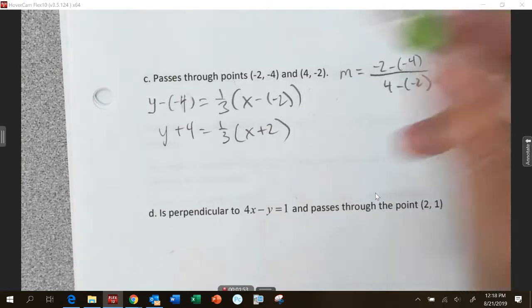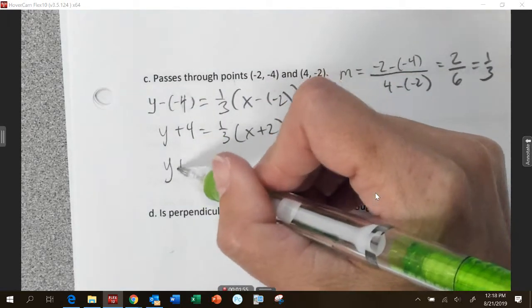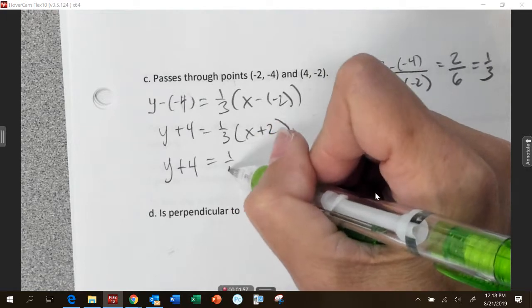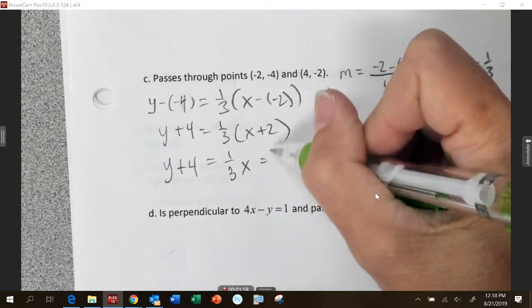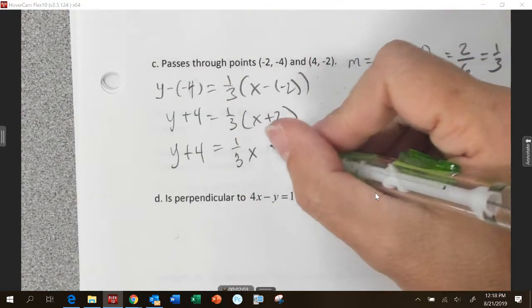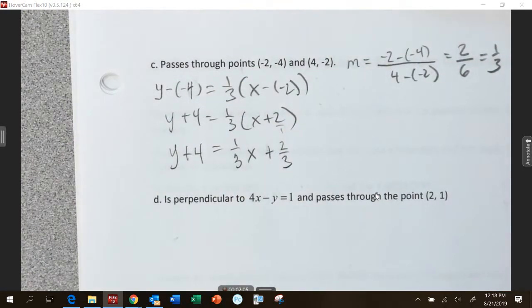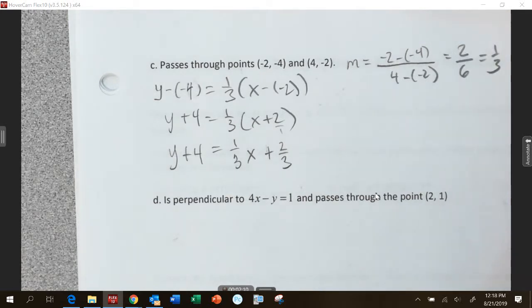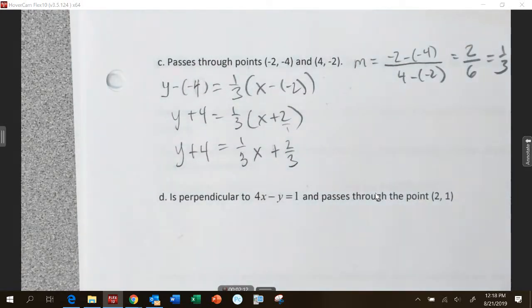Distribute? Yeah, distribute. Okay. Fraction. So I got 2/3 when I distributed, trying to put it into standard form. Who in here loves dealing with fractions?